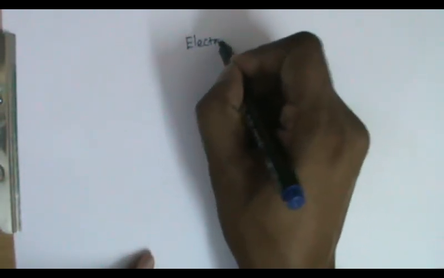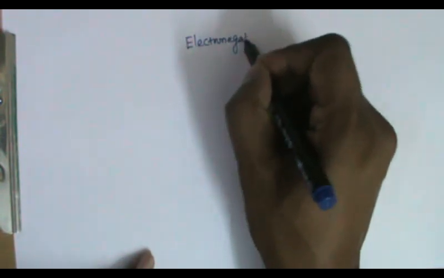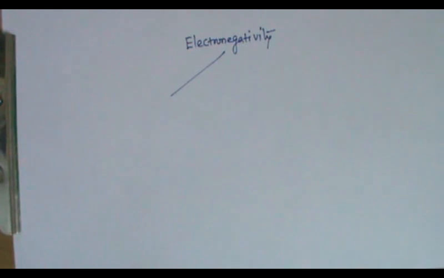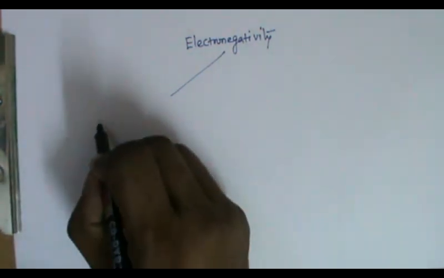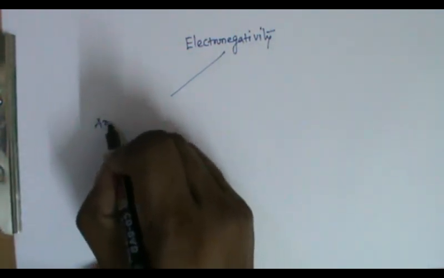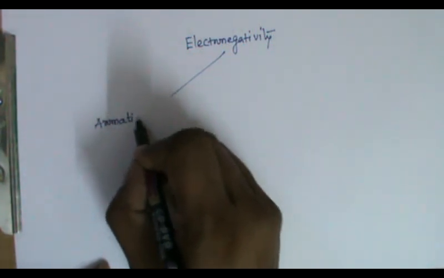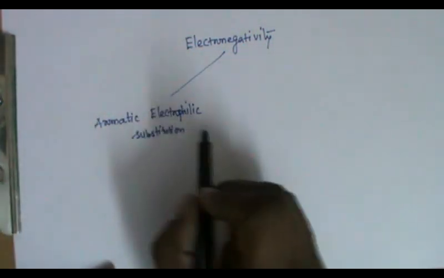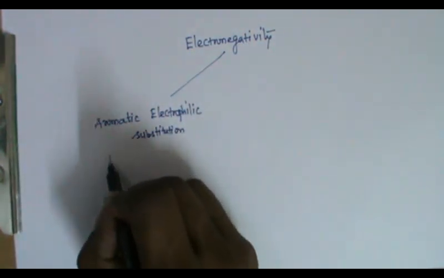In order to understand the importance of this electronegativity, I am going to discuss 4 topics. The first one, aromatic electrophilic substitution. Generally, in this case, we use the term inductive effect.